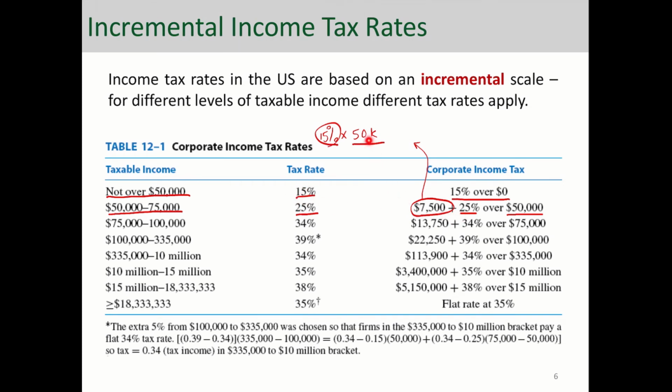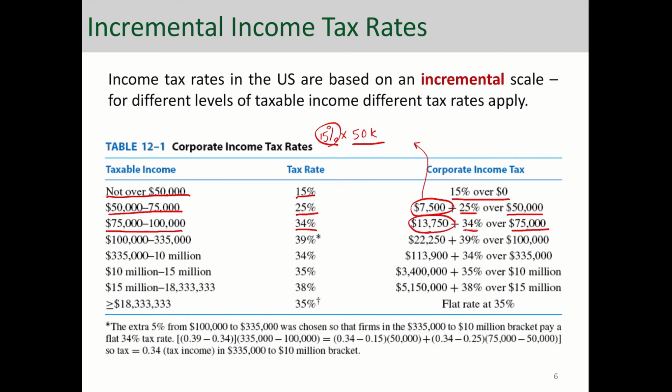For anything above $50,000, you're paying $25,000. The same rule applies if your taxable income falls into $75,000 to $100,000. 34% is the marginal income tax rates. And it's called marginal because the 34% is only going to be applied to anything that you made over $75,000.